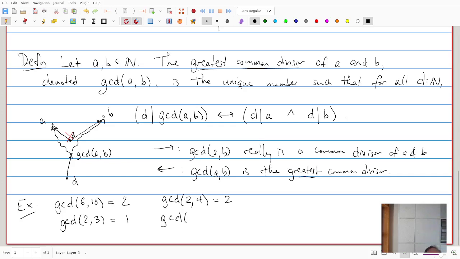Or, another example, what's GCD of 3, 3? 3, right? And we kind of like to say, is the GCD of A always equal to A? Seems plausible, right? We'll come back to that in a second. What is the GCD of 0 and 7?